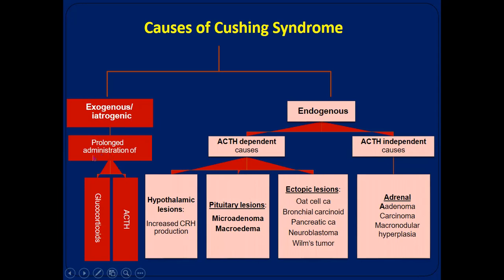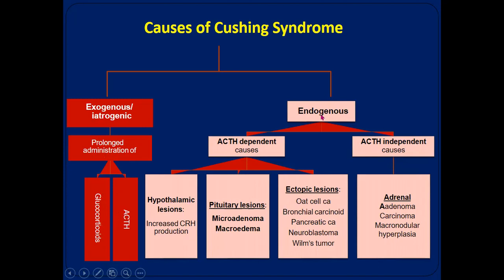The prolonged administration of ACTH or glucocorticoids, which are given like in asthma, rheumatoid arthritis, and autoimmune diseases, causes an increased level of cortisol, which has effects on the body similar to Cushing syndrome.